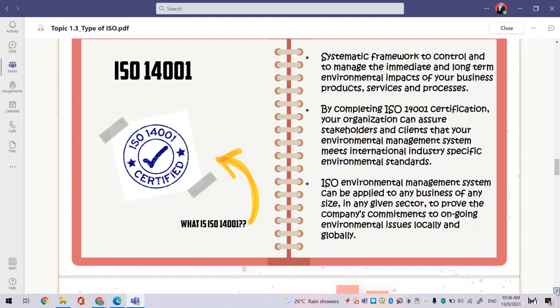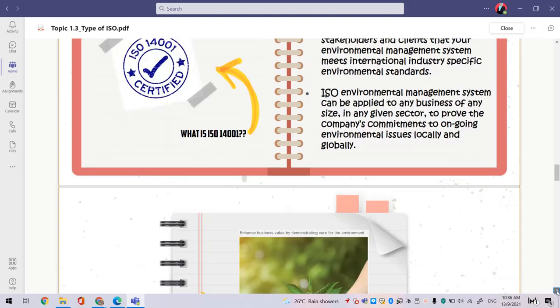And the ISO Environmental Management System, or ISO EMS, can be applied to businesses of any size in any given sector to prove the company's commitment to ongoing environmental issues locally and globally.